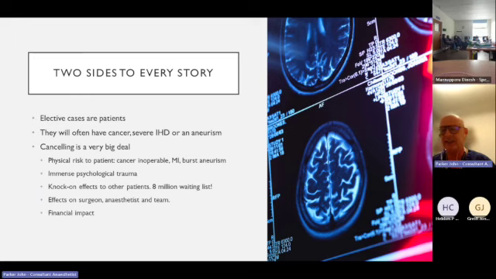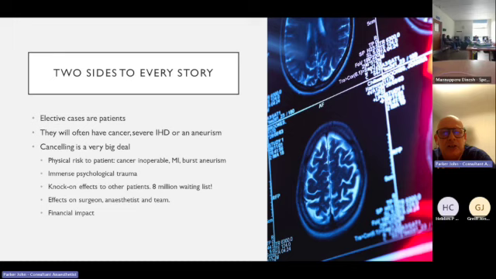And cancelling and delaying them is an extremely big deal, for a number of different reasons. The first, as we know from the pandemic, is that there is a physical risk to the patient.